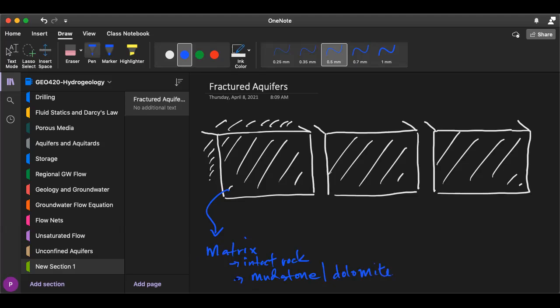E.g., at MDOT, we were in a mudstone / dolomite. All right, so whenever I say matrix, I'm referring to the intact rock, whatever it is.